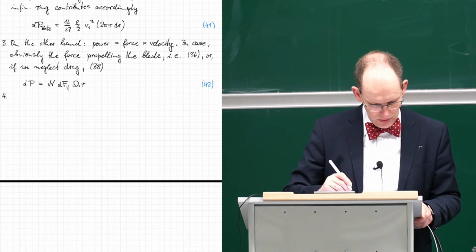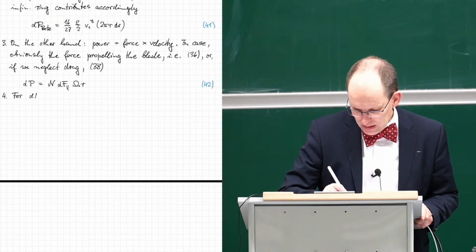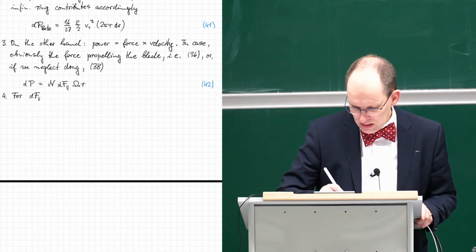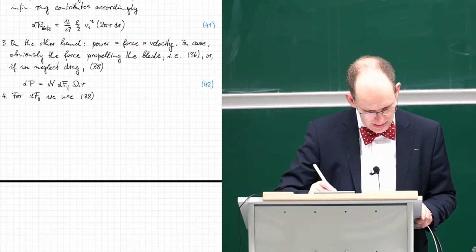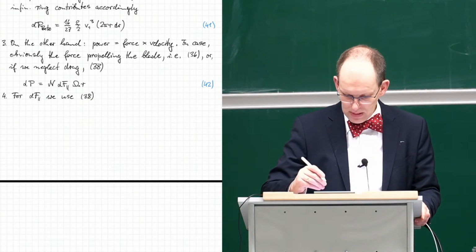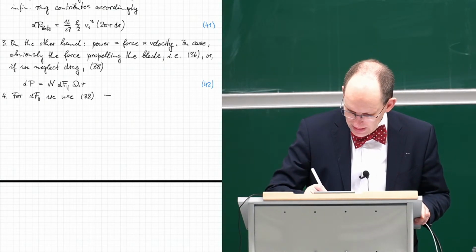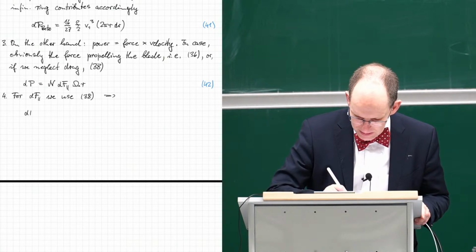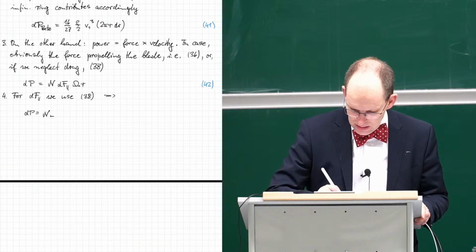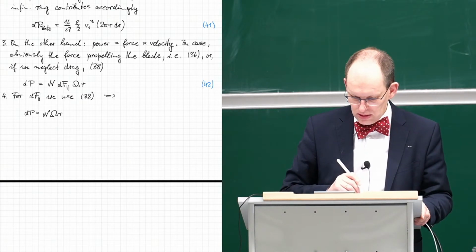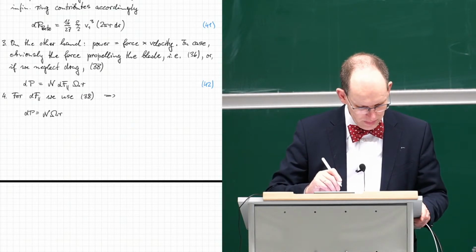So the first point here is for dF parallel, we use equation 38. We neglect drag. And then we get that dP is equal to n times, and now I write the velocity already here, omega times r, and now I substitute dF parallel.